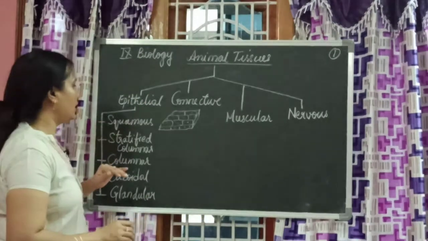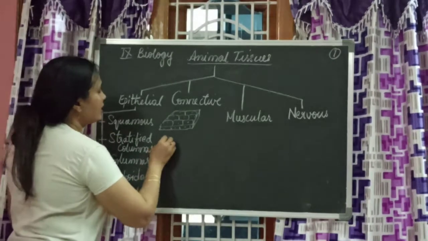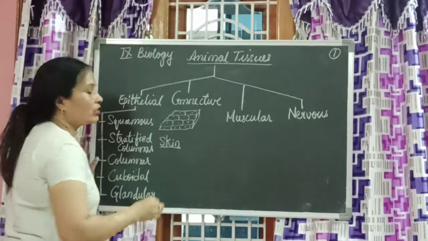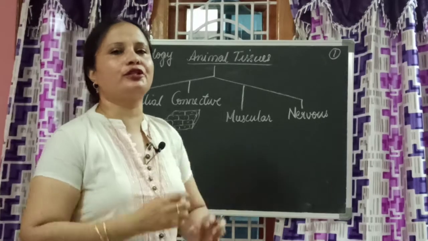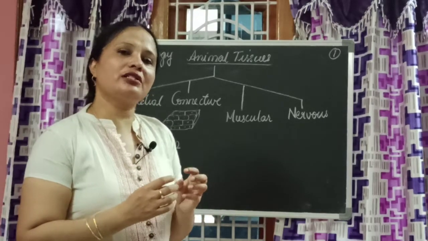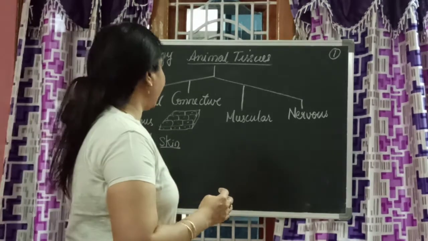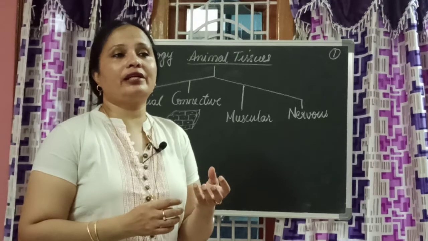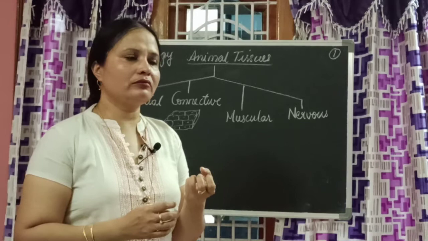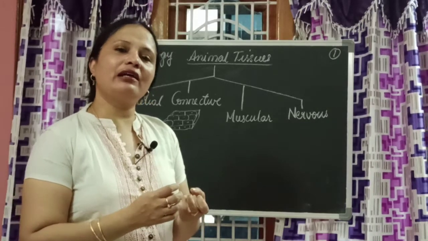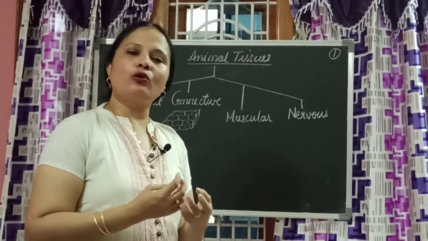So squamous epithelial tissue, and stratified epithelial tissue you see in skin, on your skin. Stratified epithelial tissue is again for protection, and it is also delicate, but it is far better. It can bear a little extra pressure, a little extra heat and cold and all that.